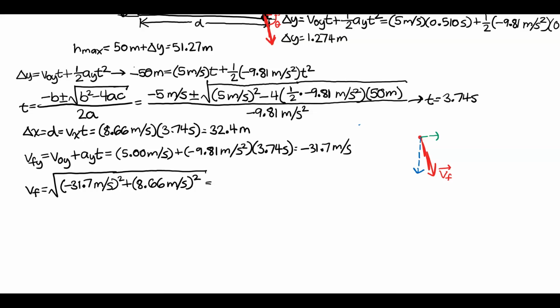Oh, wait a minute, I didn't put parentheses. Okay, this squared plus 8.66 squared. And if we take the square root, we get a speed of 32.9 meters per second. So the rock moves at a speed of 32.9 meters per second.